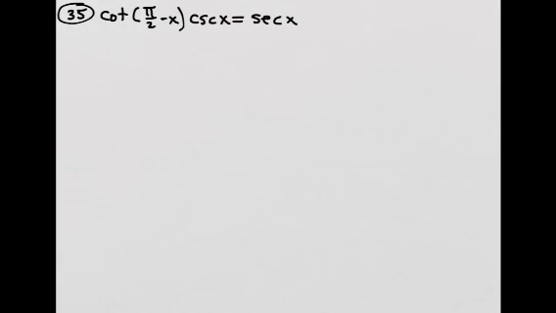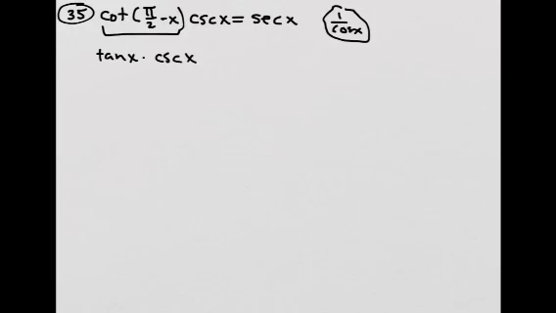Okay, 35. My goal is to get to secant x. And remember, secant x is 1 over cosine x. So as you do this, keep this in mind, because once you get here, then it's just one more step to get to the final answer, okay? I'm going to convert cotangent. I'm going to replace this with its cofunction. So I'm going to put this as tangent x and then times cosecant x.